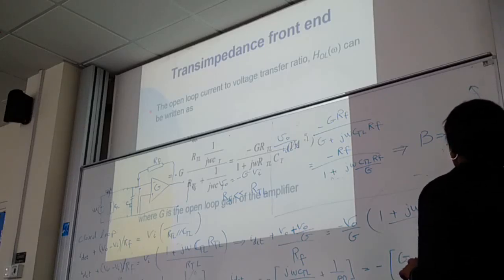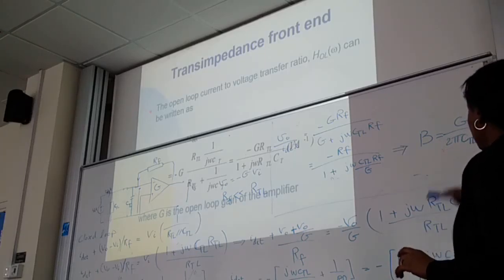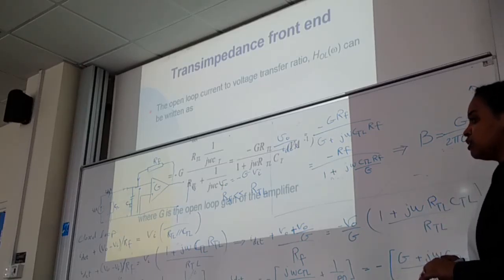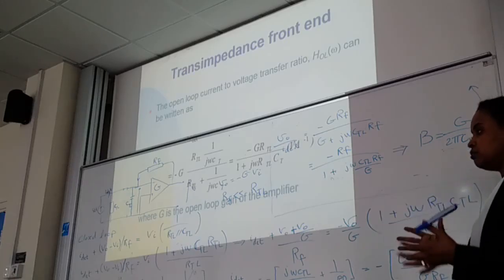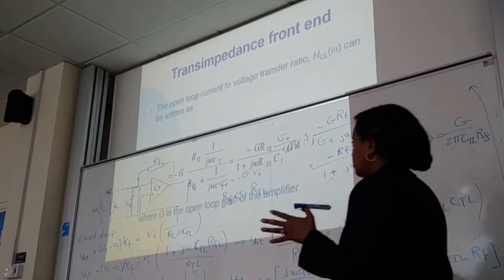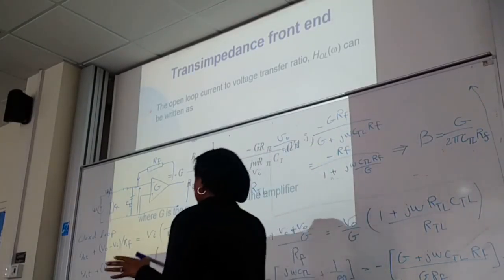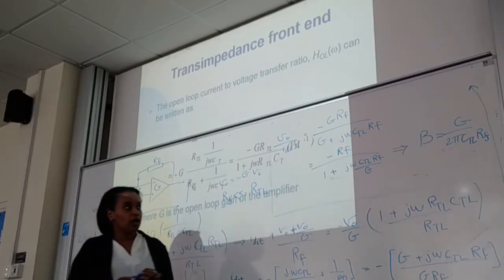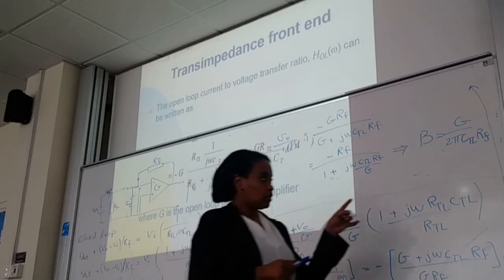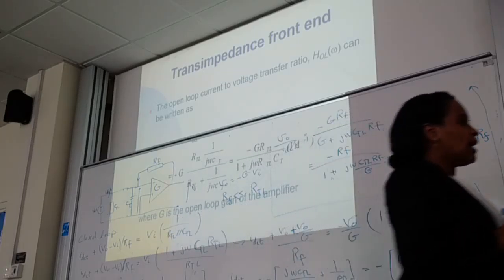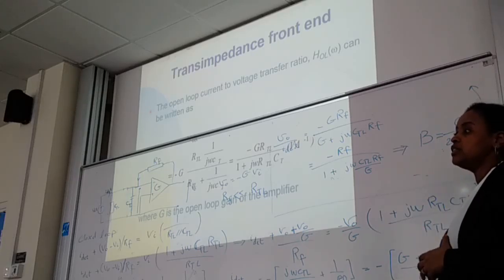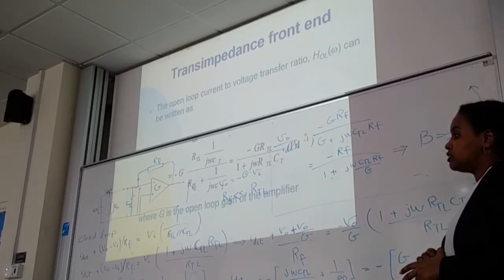However, we cannot keep increasing G and increasing RF forever, because this will result in issues with the stability of the amplifier. That's why this structure results in a lower sensitivity than what we can obtain with the high impedance.